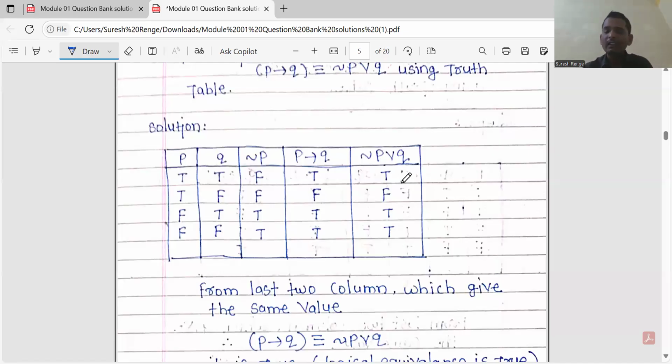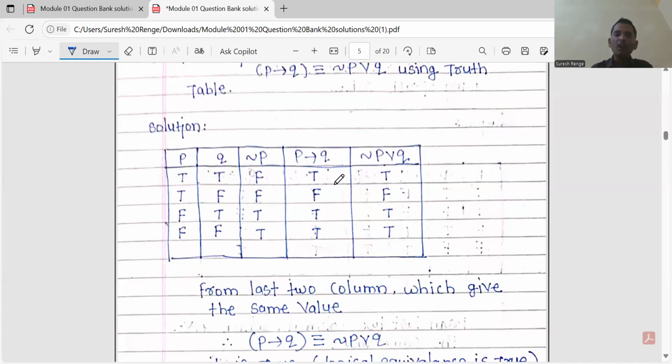Or means at least one value is true, then the result is true. If both are false, the result is false. Only one condition, that both values are false, gives the result false. Or means at least one must be true. That's why the result is true.